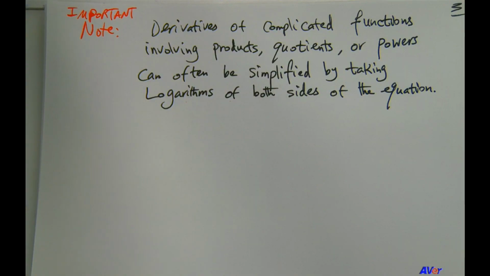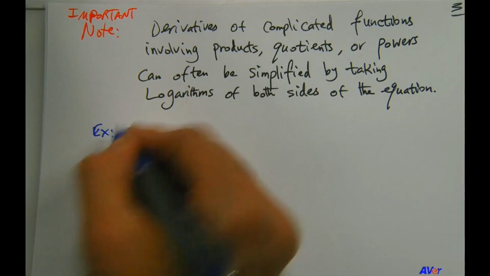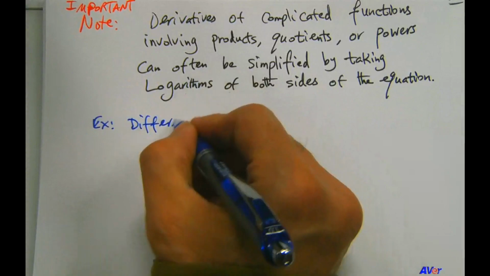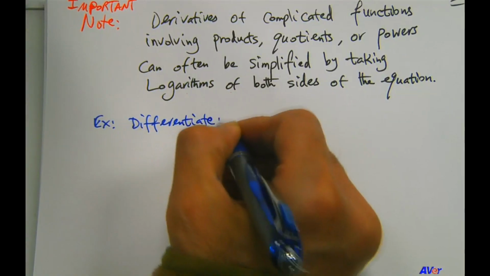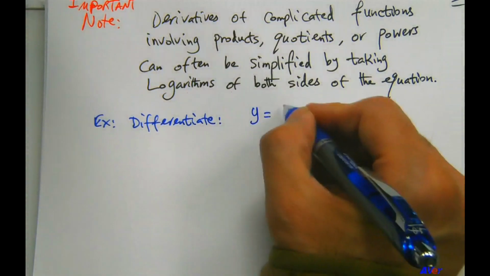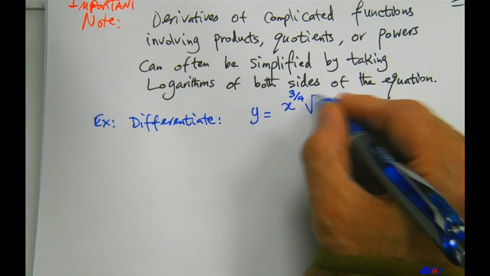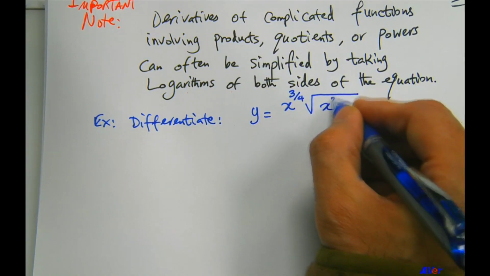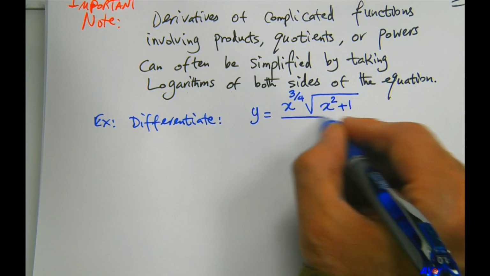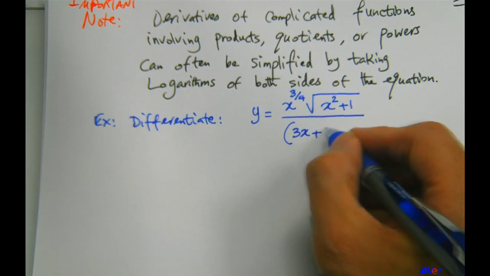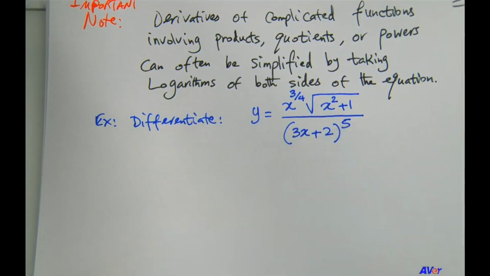Okay, so that's one of the useful techniques. So actually, let's do an example on this one. So here is one example where we want to differentiate y equals x to the 3/4 power times the square root of x squared plus 1, divided by (3x plus 2) to the 5th power.